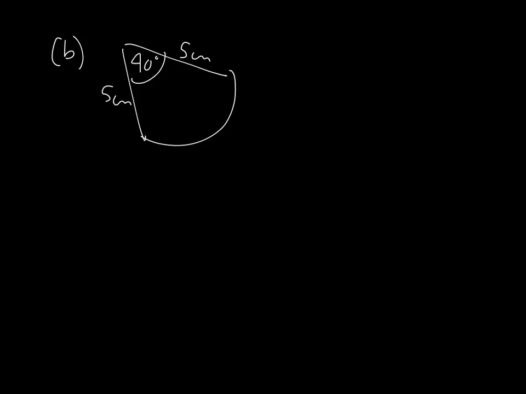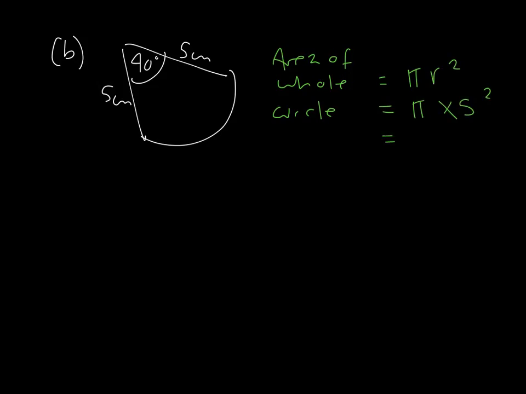Part B, we need to calculate the area of this sector. Now, the area of the whole circle from which this sector has been taken would be pi r squared, which is pi multiplied by 5 squared, which would be 25 pi.